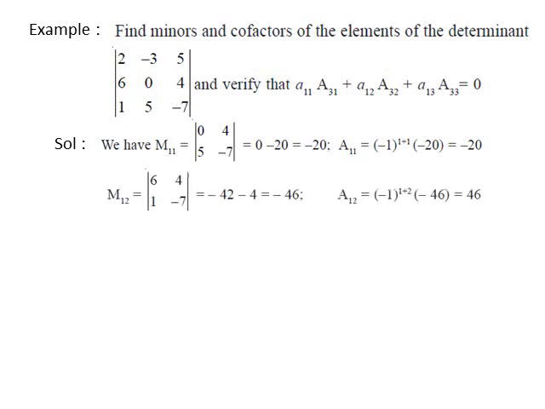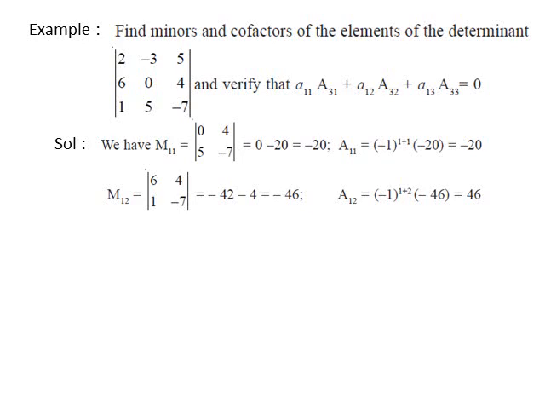Now M12 equals the determinant obtained by deleting first row and second column in which a12 equals minus 3 exists. So M12 equals the second order determinant with the elements 6, 4, 1 and minus 7. Value of this determinant equals minus 46. So M12 equals minus 46.